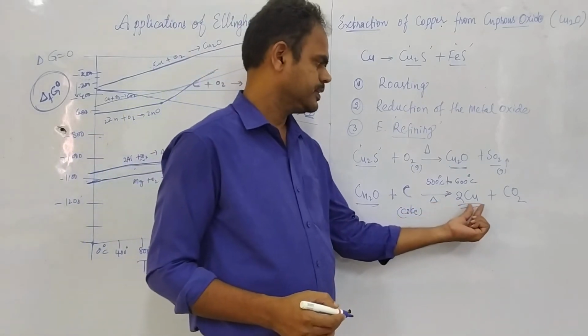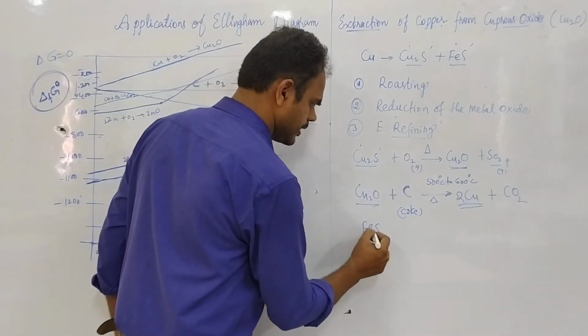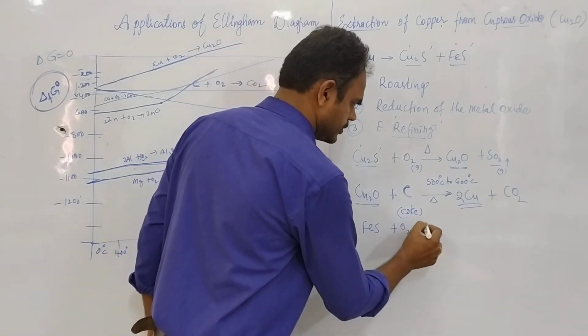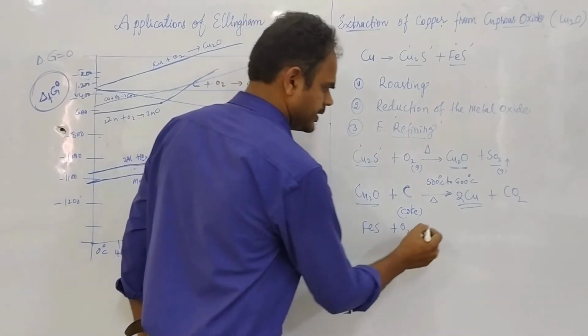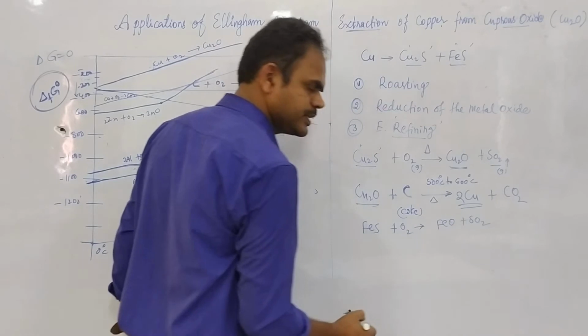But this copper also has some impurities, like iron sulfide. When iron sulfide is heated, iron oxide plus SO2 gas is obtained.